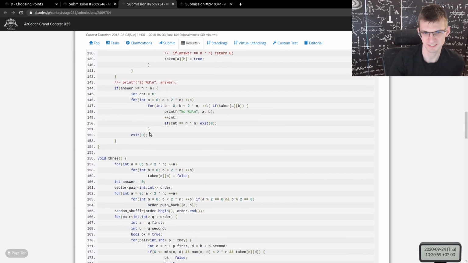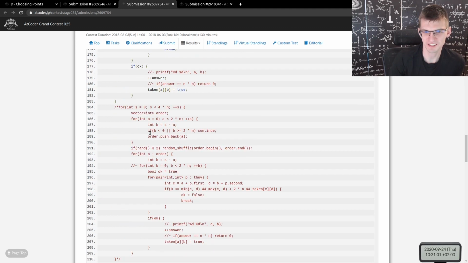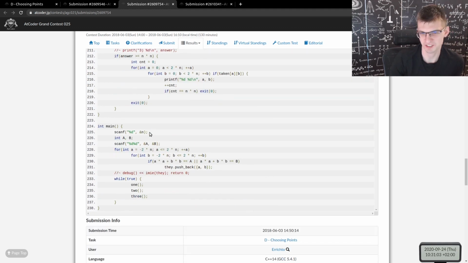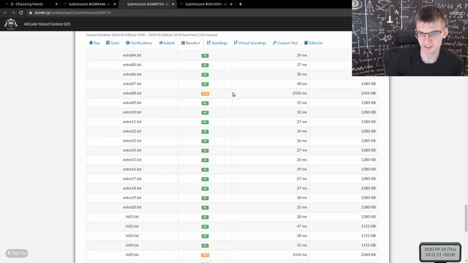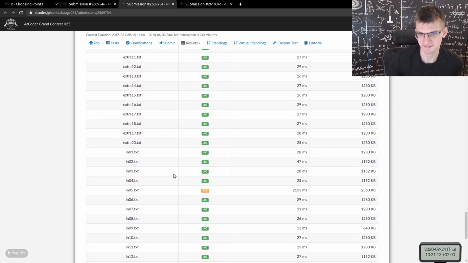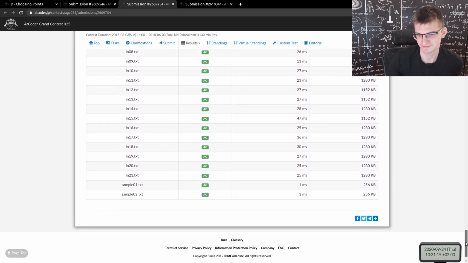Okay, just 3 slightly different algorithms, but similar to each other. And in while true loop, I do all of them. Apparently, it was not good enough for only 2 tests. That's still nice.